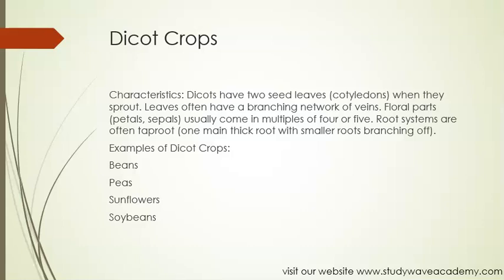So dicot crops are plants that have two seed leaves, and we can use them for food, seeds, and even oil. So we have grouped crops into two main categories: monocot and dicot, and this is based on the number of seed leaves they have when they sprout.